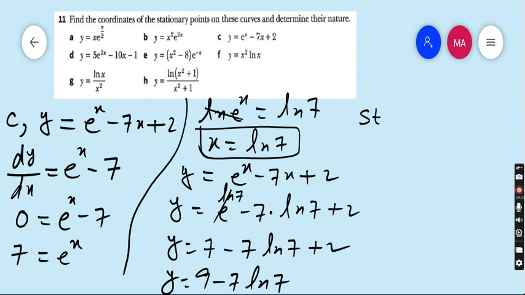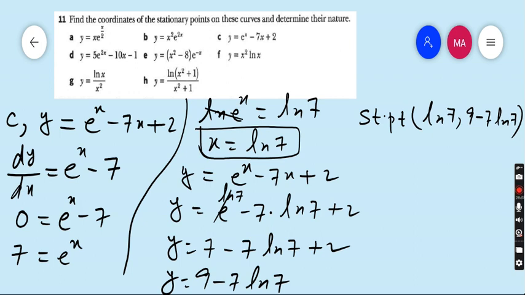Hence the stationary point is x is ln 7, y is 9 minus 7 ln 7. This is our stationary point. I repeat again, (ln 7, 9 minus 7 ln 7).